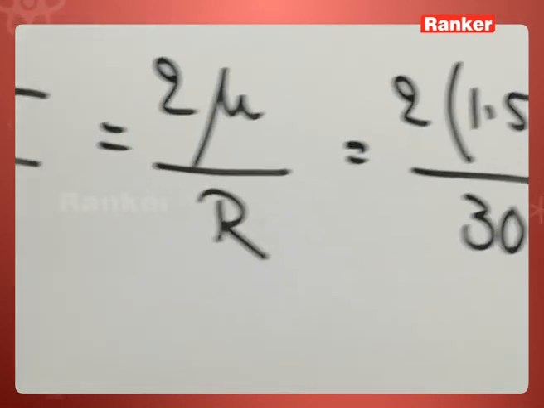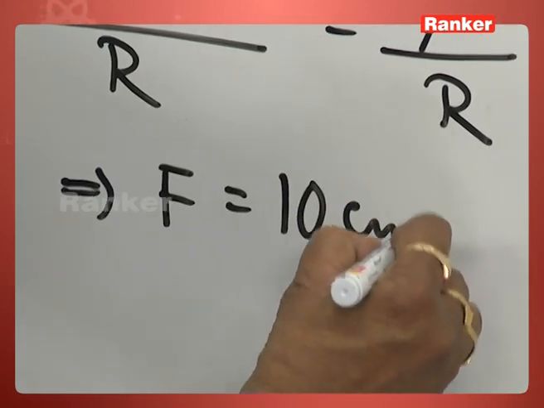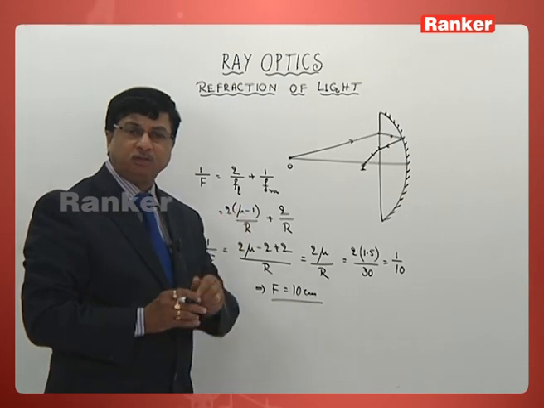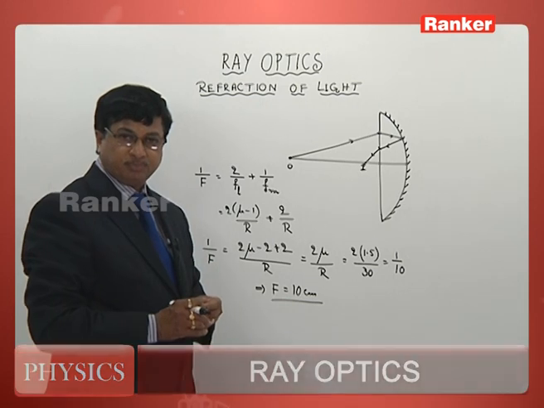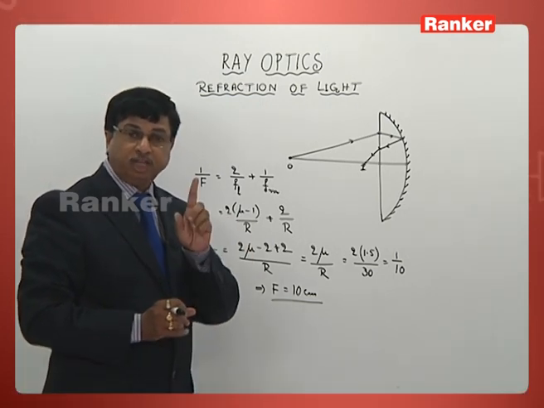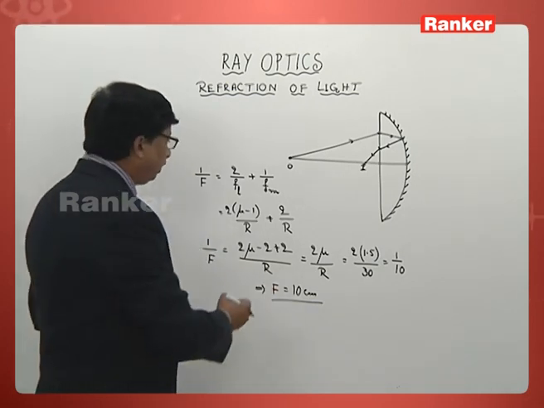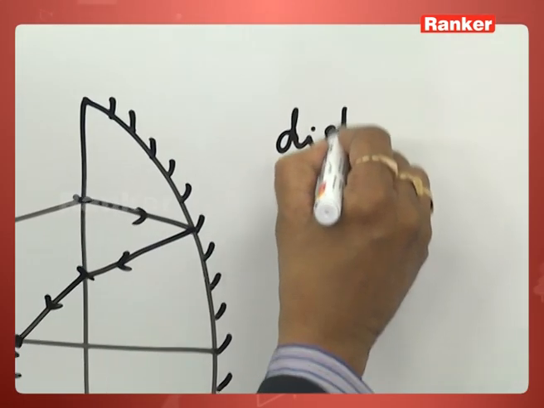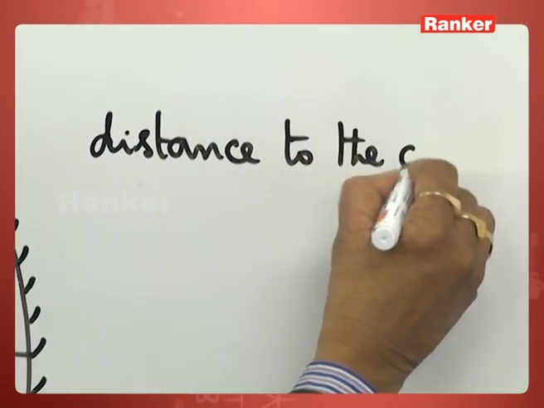So what will now be the effective focal length of this system? It is 10 centimeter. But he is not asking you the focal length. Where should you place the object so that its real image is formed with the same size as that of the object? So that means you definitely can understand the distance to the object.